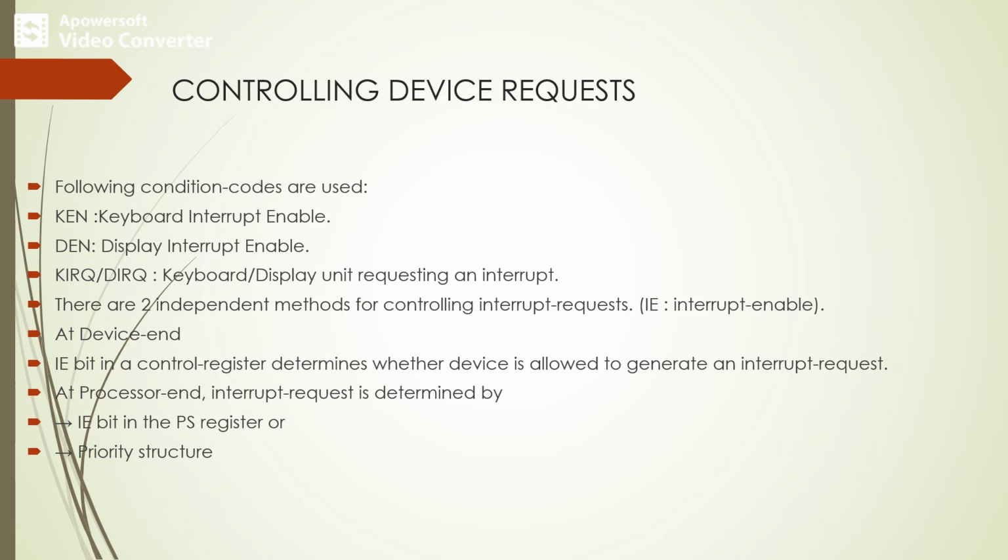The IE bit in a control register determines whether the device is allowed to generate an interrupt request. At the processor end, the interrupt request is determined by the IE bit in the processor status register, that is the PS register, or else by using a priority structure.